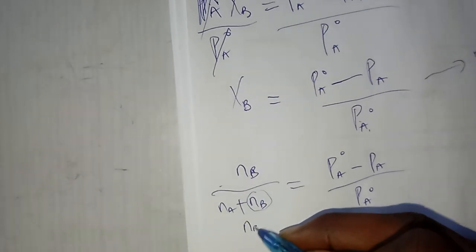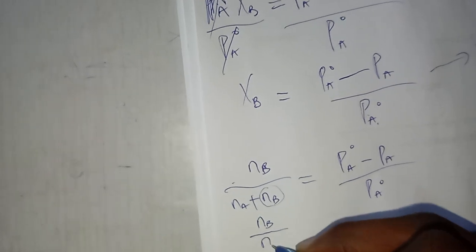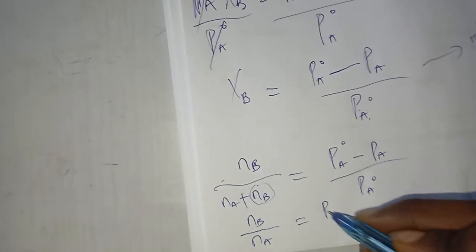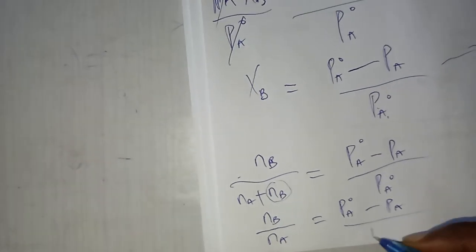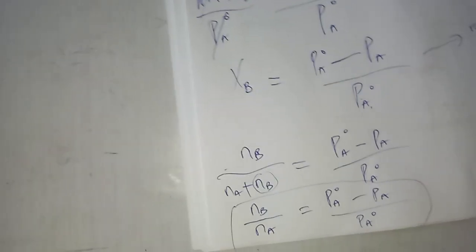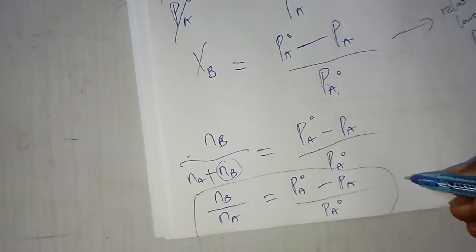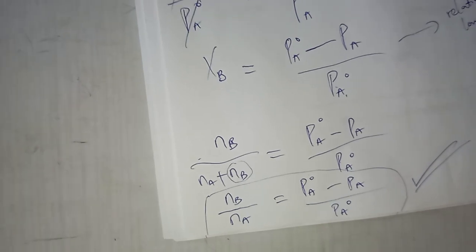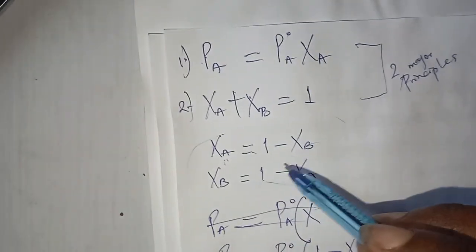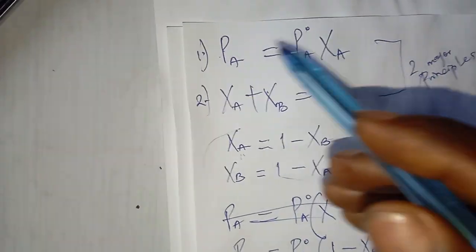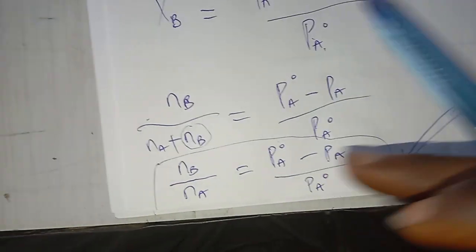So some textbooks leave it as NB all over NA is equal to PA naught minus PA all over PA naught. So this is proved. We can use the second principle, by making it any of these and substituting for whatever you have here, to get relative lowering of vapor pressure.